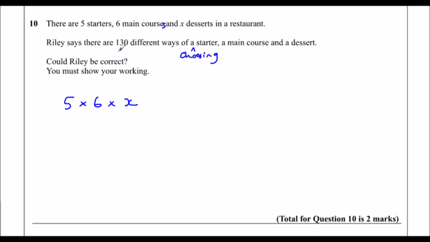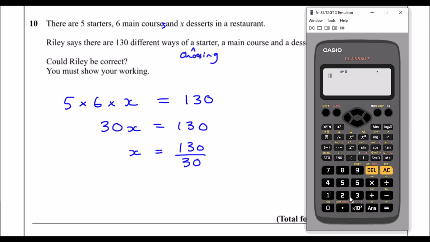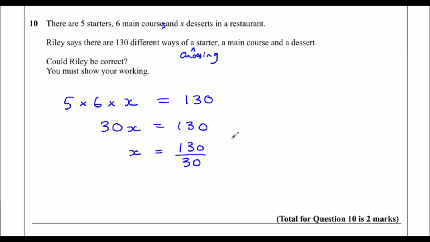Can that equal 130? So let's say it does, and we'll find out how many desserts there are. So 5 times 6 times x, we can write that as 30x. To get x by itself, we'll divide by 30. So 130 over 30. So 130 over 30 is, well, 4.3 recurring.